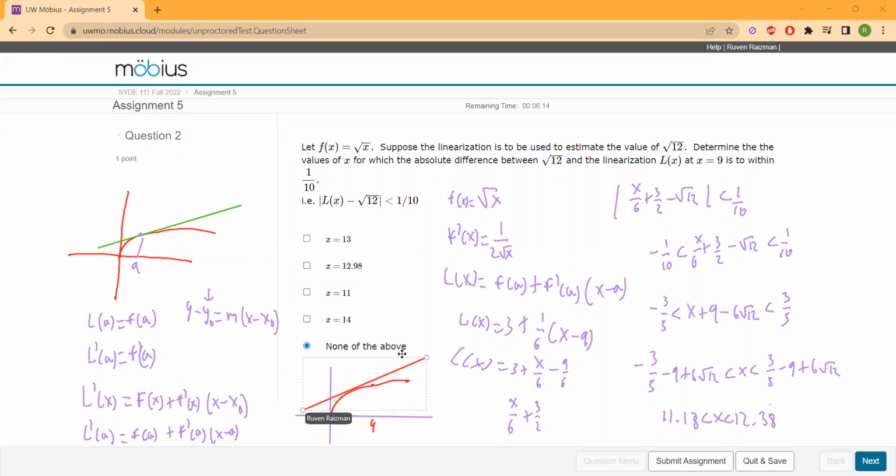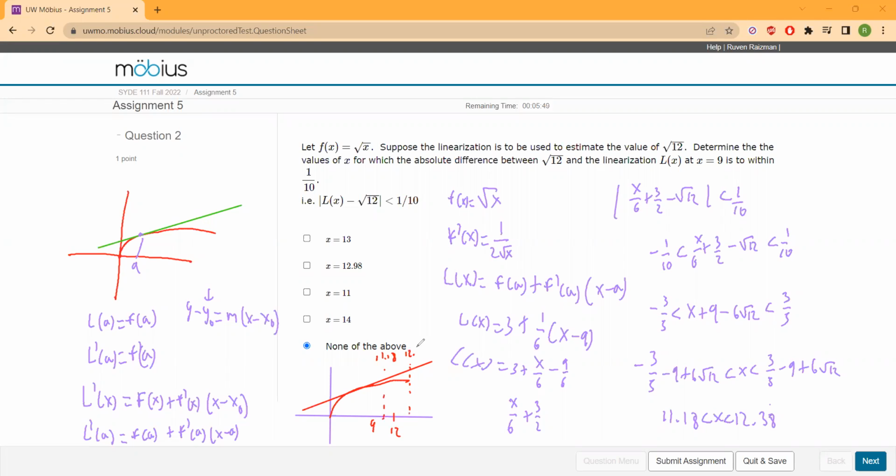Let's draw like this. So if we build that line, which is tangent to that point, and we want to be 1/10 within the root of 12, where 12 is somewhere over here, let's say, then it has to be bigger than 11.18 but smaller than 12.38.